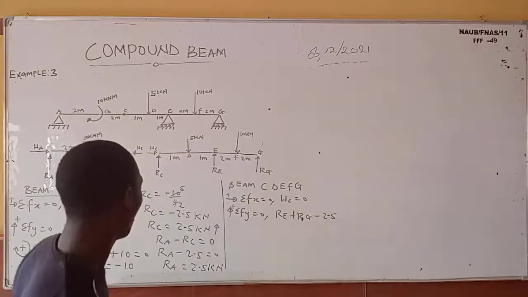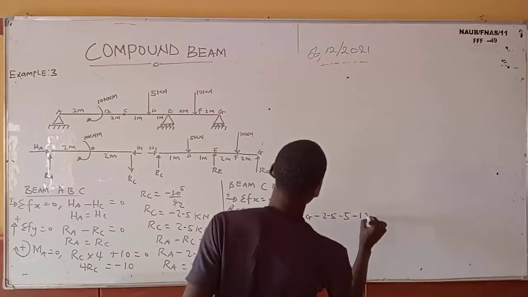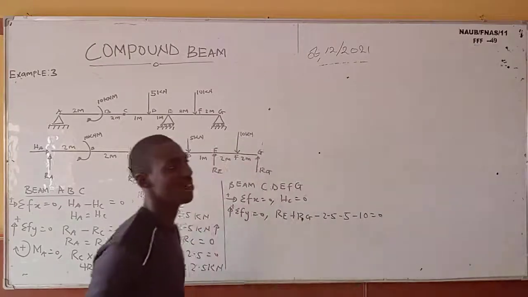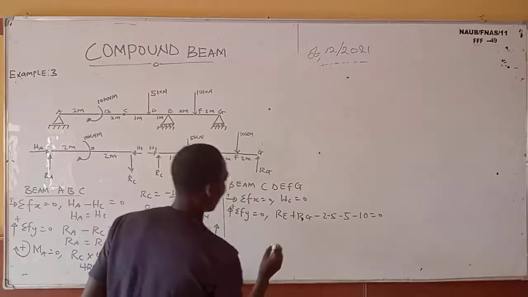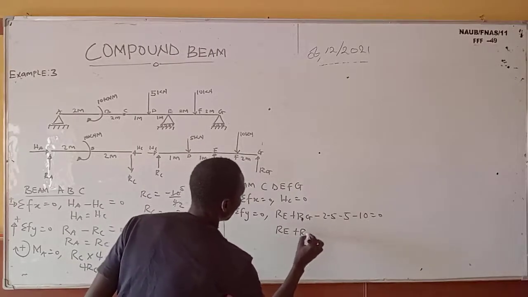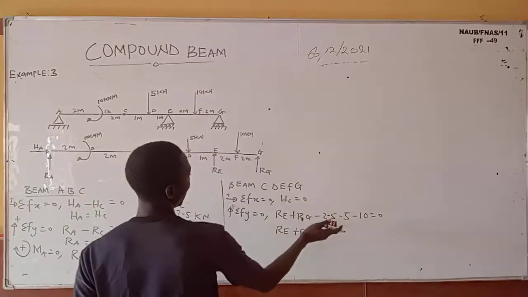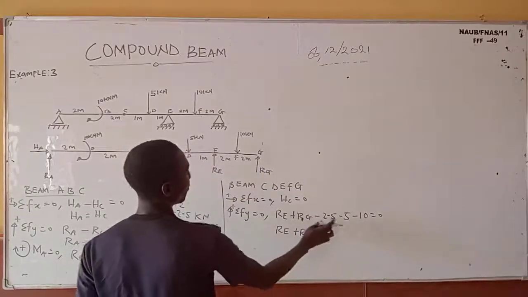Do you get that? 2.5 minus 5 minus 10 equals to 0. Do you understand?